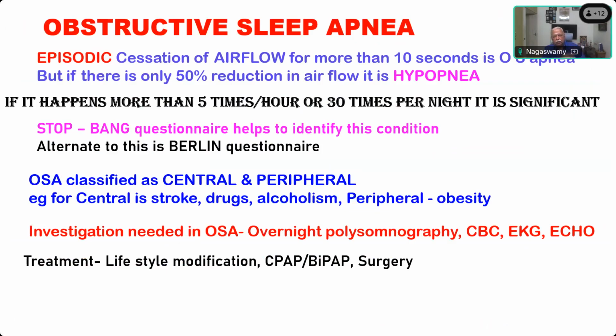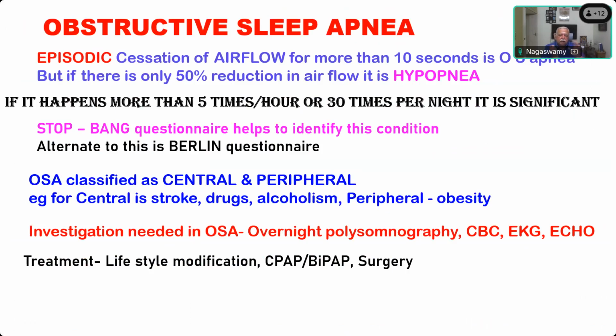They don't open out. So the patient gets an obstructed airway, and after a few breaths of obstruction there is hypoxia which stimulates the brain. There is also hypercarbia which increases the respiration, and the patient wakes up with a startle, opens the airway, takes a deep breath and rectifies the hypoxic state. That is exactly what is happening in OSA.